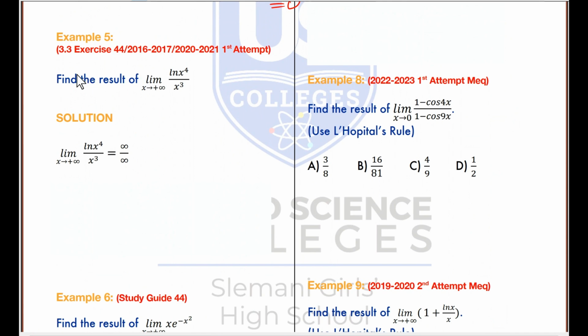Okay, another exercise question. When substituting infinity, it gives infinity over infinity. Applying L'Hopital's, let's see what we get. It's equivalent to the limit as x approaches positive infinity of the derivative of this. I can use the logarithm property and move the 4 down in front and take the derivative of ln x, which is 1 divided by the angle.